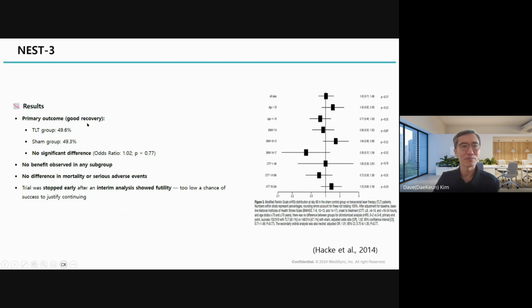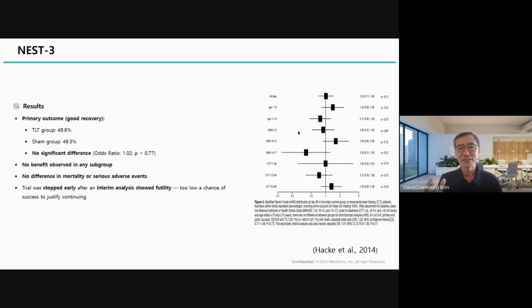The primary outcome is not significantly changed in the intervention group compared to the control group. So the clinical study stopped here, because in the large group study they could not find efficacy.